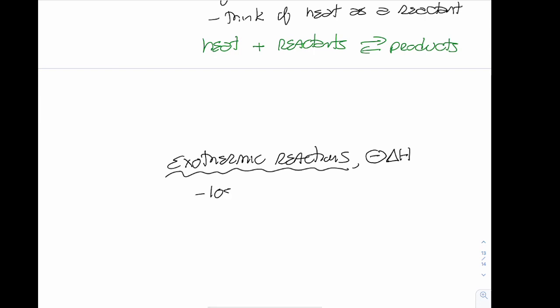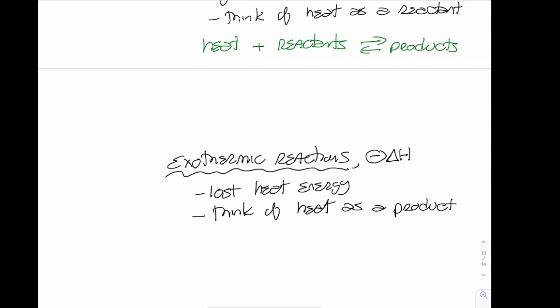So these lost or gave off heat energy. I'm going to think of heat as a product, right? It's something I'm producing, it's something I'm giving off, right?